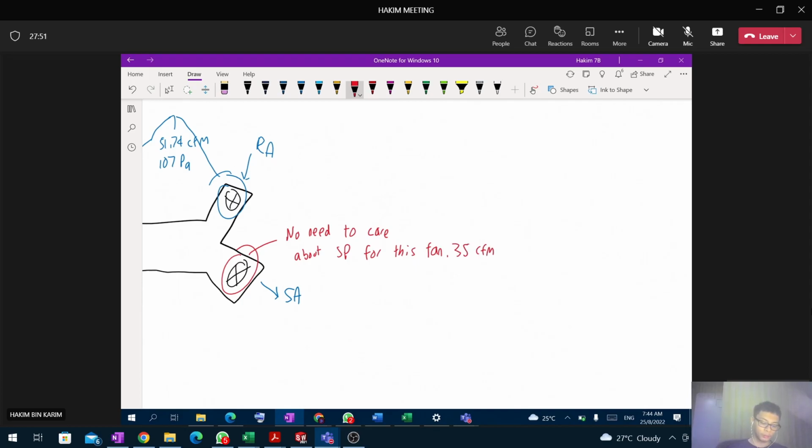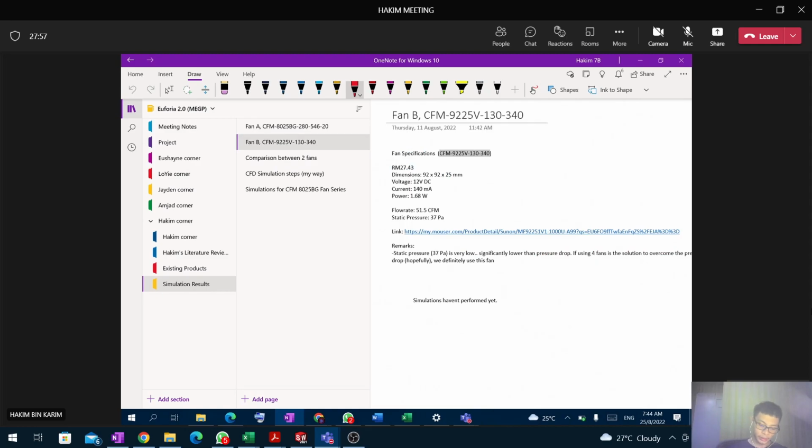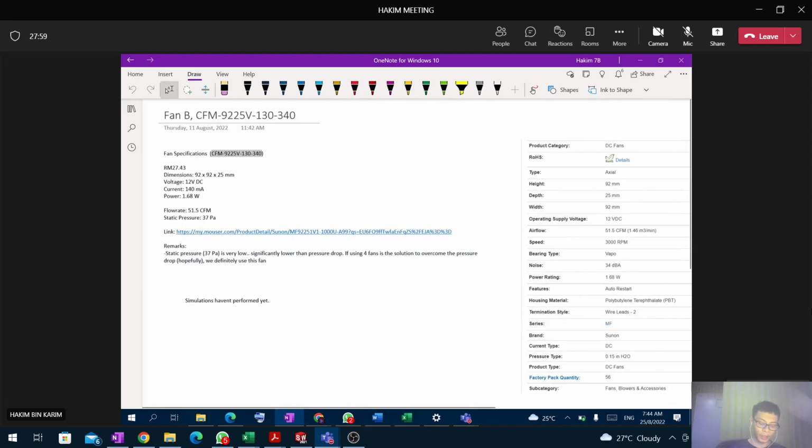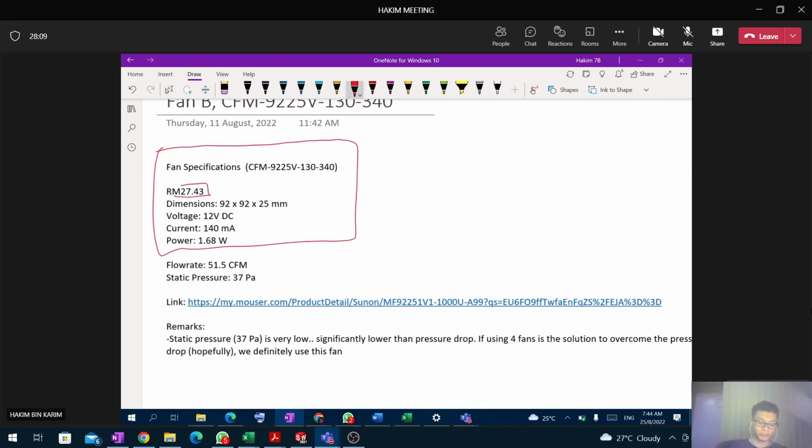So what I want to say is that we have this fan, right? I suggest that we use this fan at the outlet because it's cheap, 27.4 ringgit.